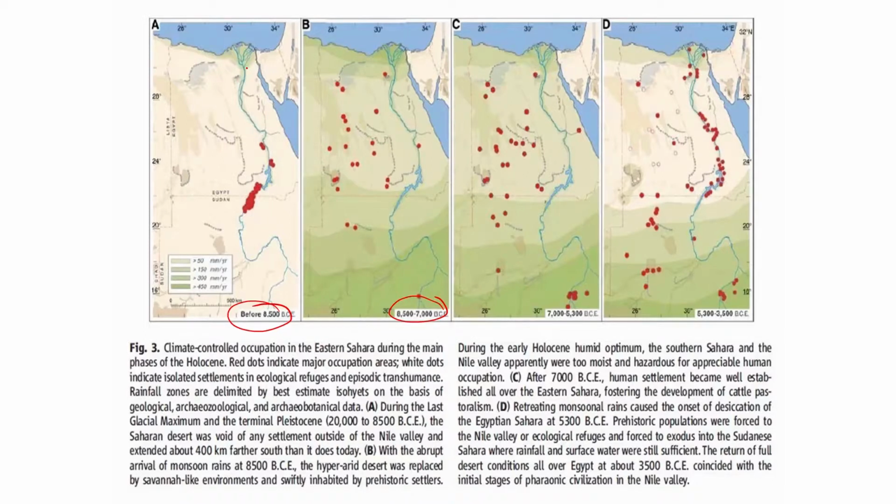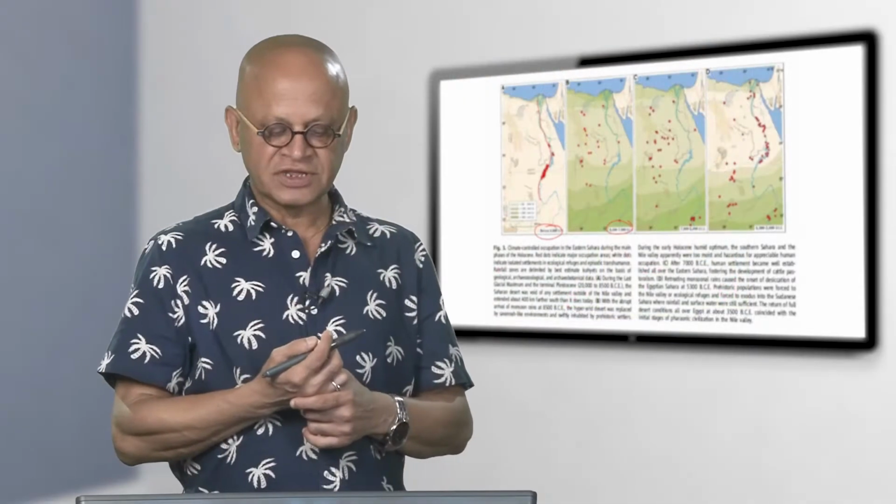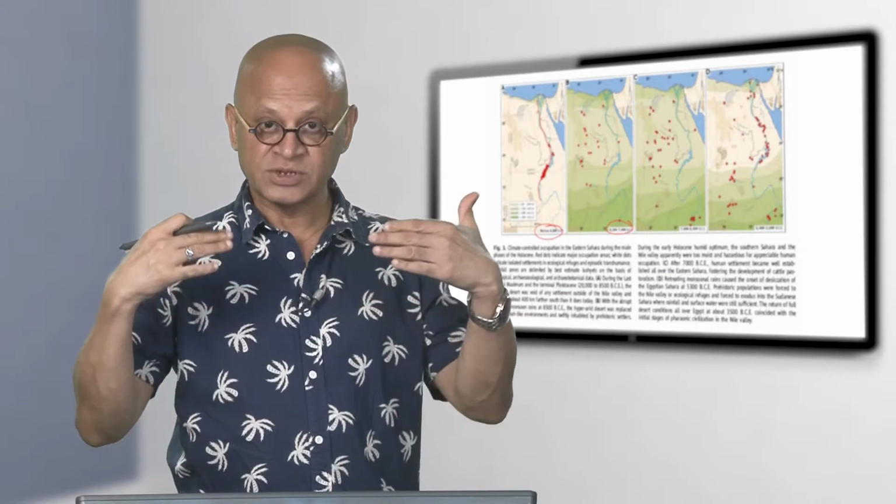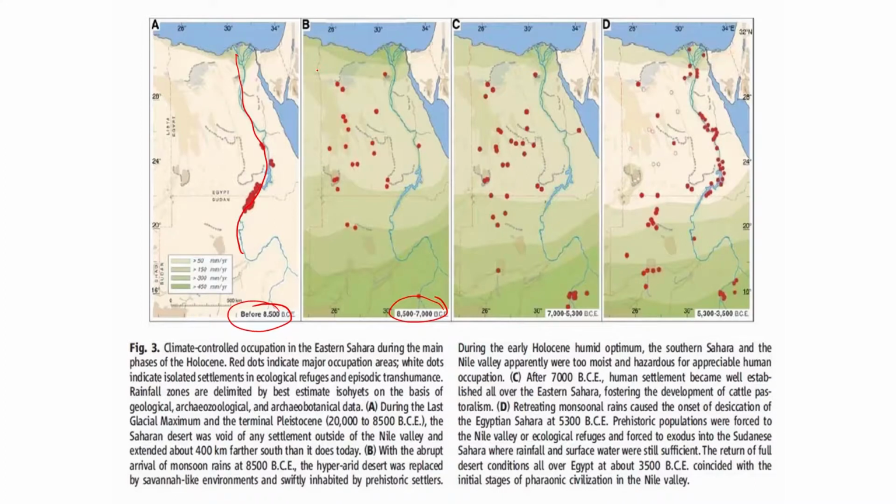So, all the civilizations that were around were huddled together on the Nile. Okay. As climate change happened, this is related to orbital forcing as well. The ITCZ, or the intertropical convergence zone, shifted and brought widespread greening and more water.